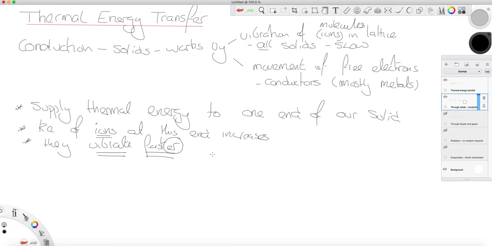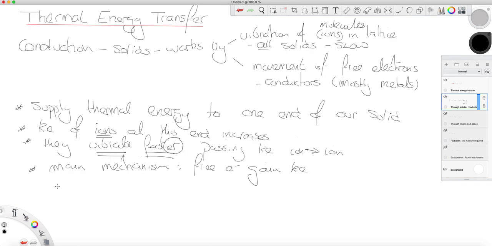So, talking about metals, this is what happens. They vibrate faster, passing the KE from ion to ion. This, of course, is slow. The main mechanism in metals and conductors is that the free electrons gain kinetic energy.